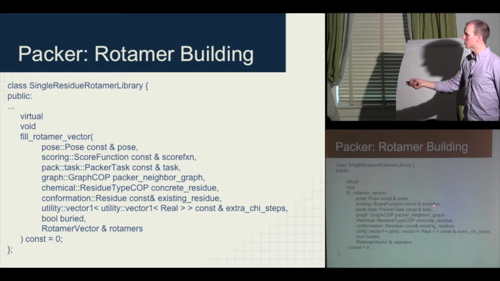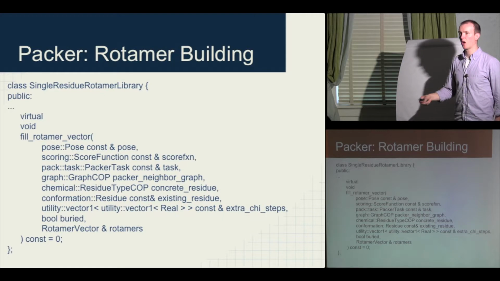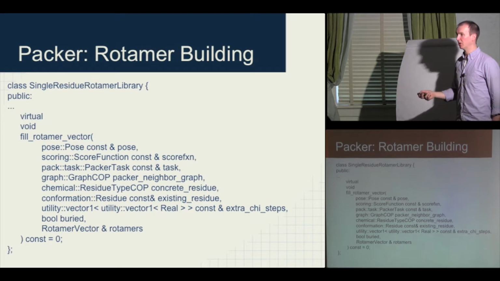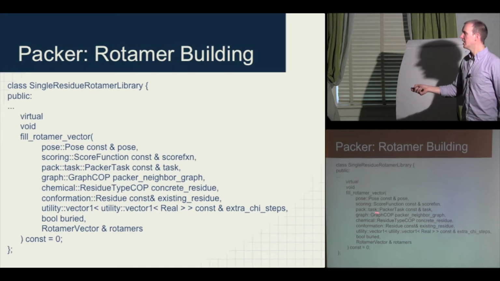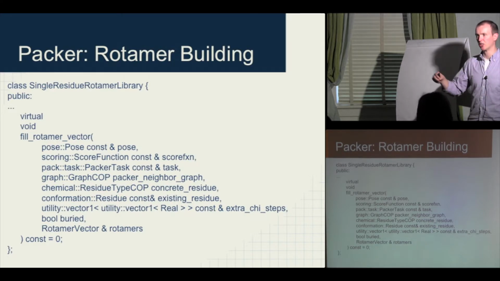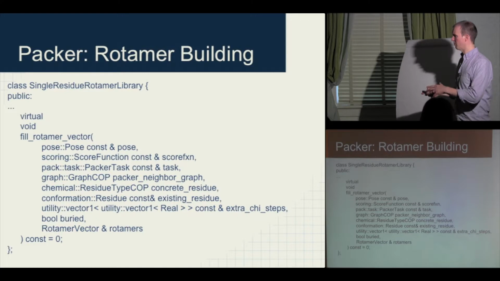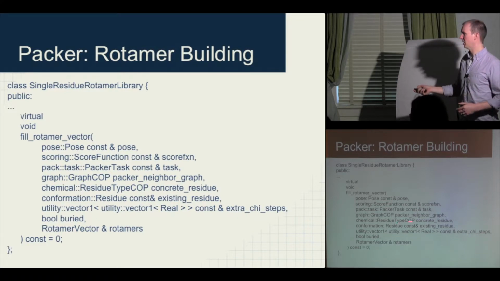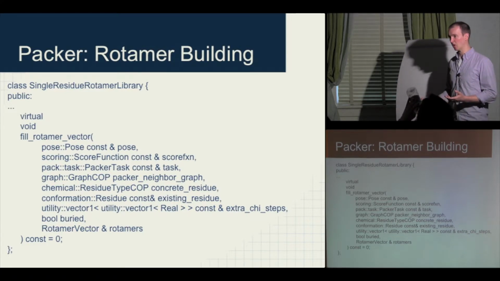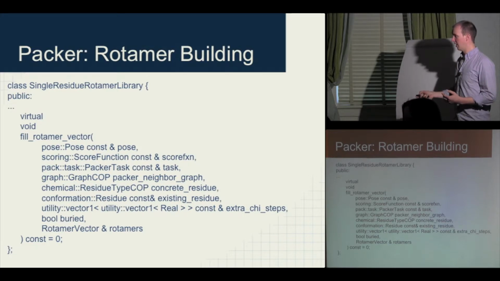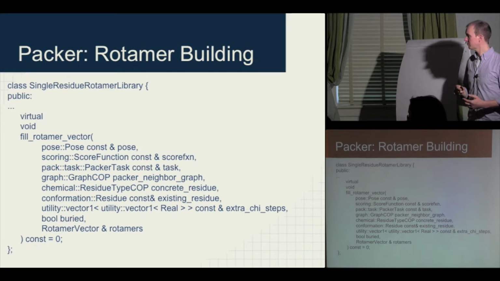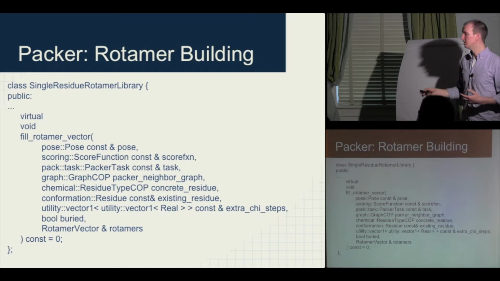So it has a pose and a score function, and it's got the task that describes the rules for building rotamers at this position. It's given this neighbor graph, which tells it who the neighbors are, and that'll be useful. I'll describe that in just a moment. It's got the residue type that you're actually going to be building. So this might be like a phenylalanine residue type.